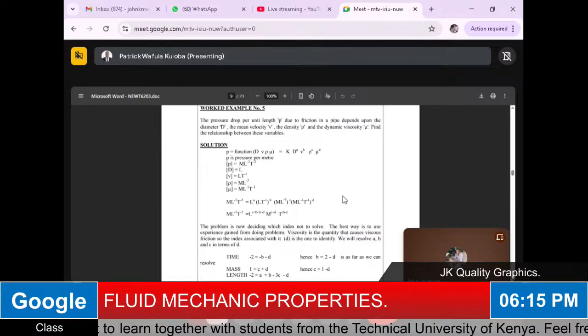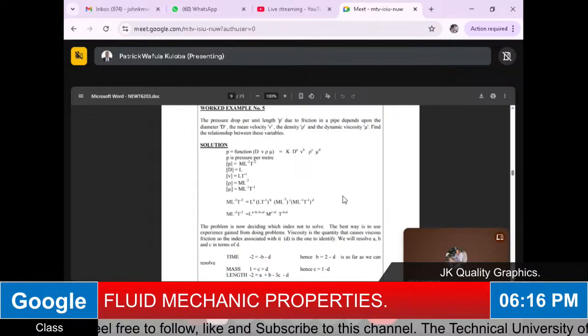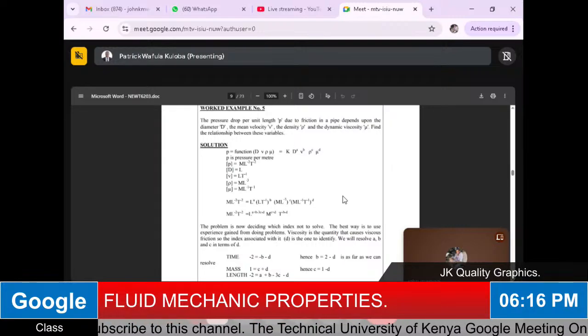Then you can write for equation 2 above, the indices A, B, and C are expressed in terms of D. So we have written that statement.